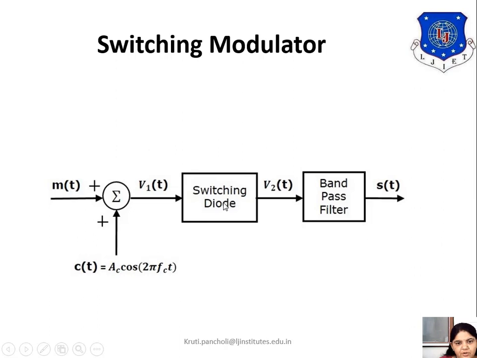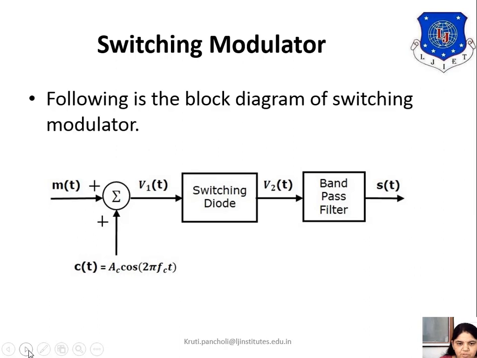According to the value of c(t), this switching diode may be on or off, producing the output v2(t). After passing through the band pass filter, which rejects the unwanted signals, we get s(t), the AM wave output. So this is the block diagram of the switching modulator.